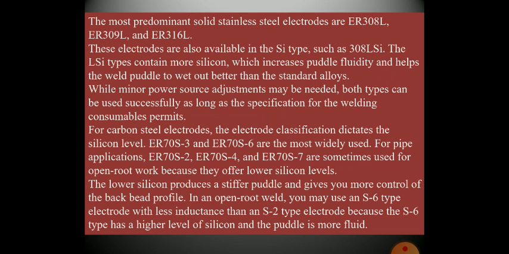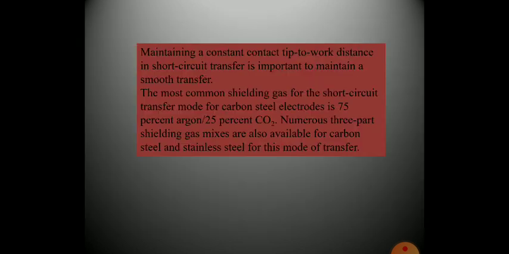In an open root weld, we utilize the S6 type electrode with less inductance than the S2 type electrode, because the S6 type has a higher level of silicon and the puddle is more fluid. Maintaining a constant contact tip distance in short circuit transfer is important to maintain a smooth transfer mode.